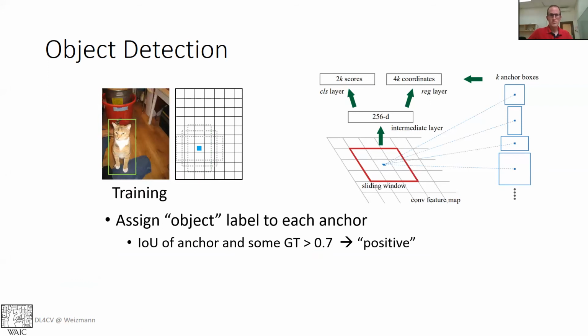Why not maintain the information about the magnitude of the intersection instead of arbitrarily thresholding at 0.7? Because we are now assigning labels to the anchors. If the anchor has enough overlap with the objects, it contains enough portion of the object, we want this anchor to have information about this object.